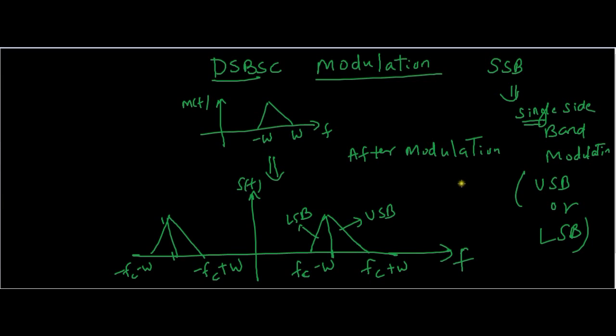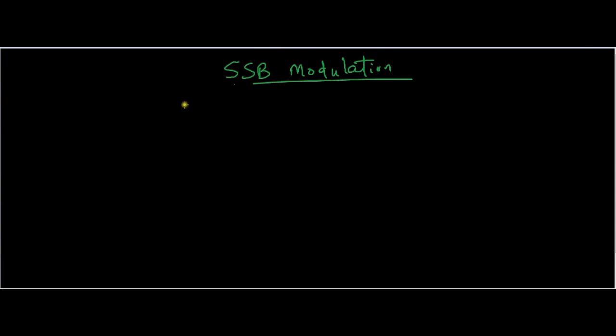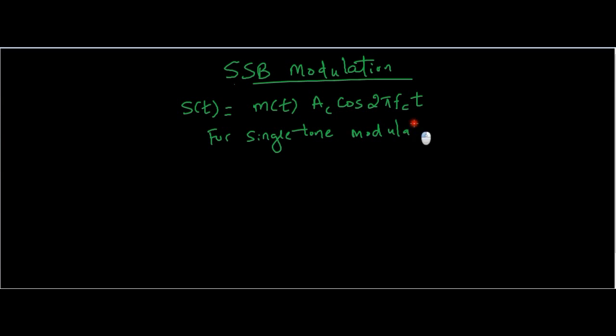So we'll see the basic concept, the mathematical equations, and how the final equation looks for SSB modulation. The equation is quite similar to DSBSC modulation, that is m of t into Ac cos 2 pi fc t. For single tone modulation, that is when the message signal is of single frequency, m of t will look something like Am cos 2 pi fm t.